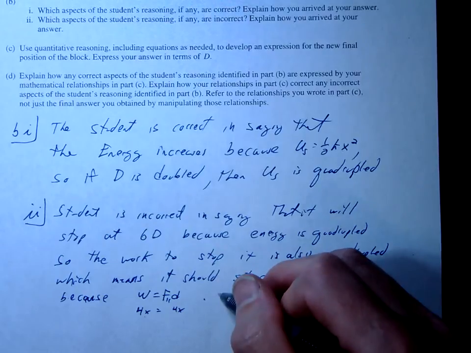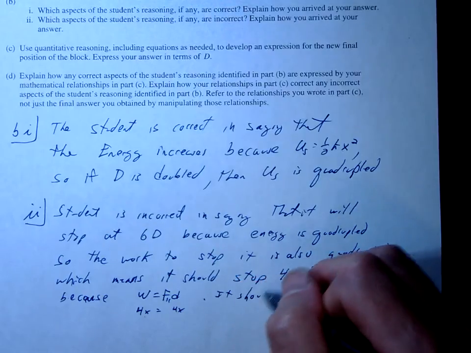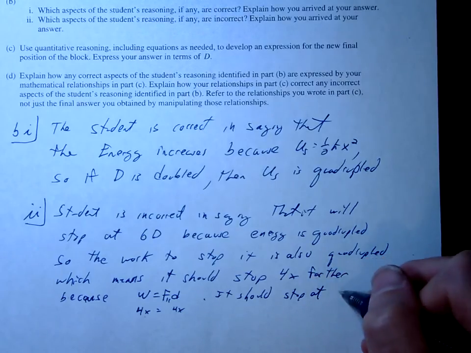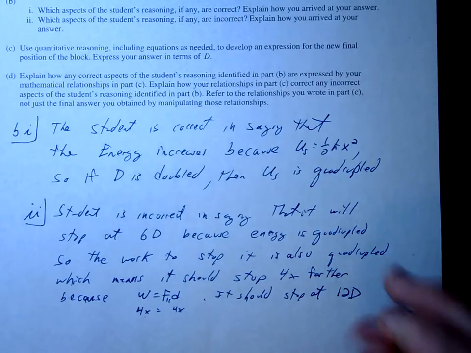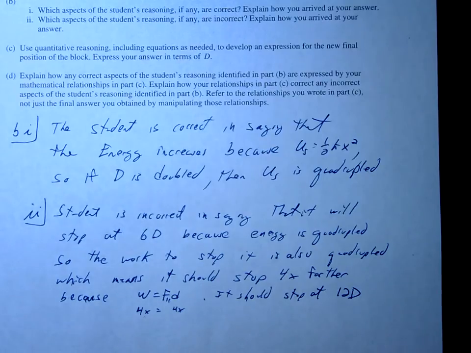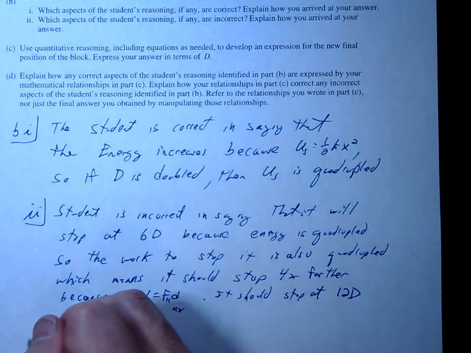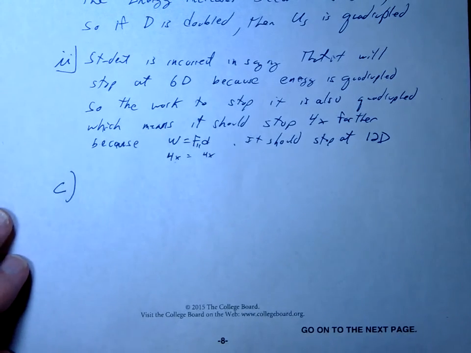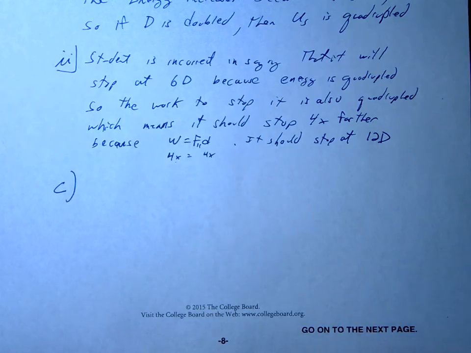Okay, it should stop at 12D. All right, letter C, use quantitative reasoning. In my opinion, I kind of already did use quantitative reasoning. I'm guessing that they want just a mathematical derivation of this. So let's go ahead and give that to them.